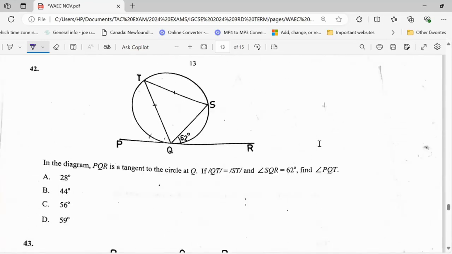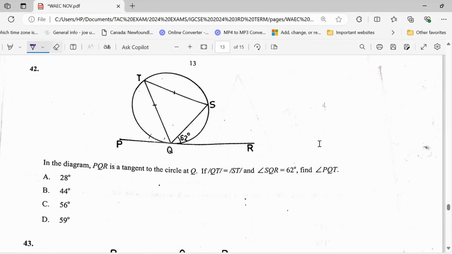Here, question 42, we are told that in the diagram, PQR is a tangent to the circle at Q. If the side QT is equal to the side ST, and we can see those two sides are marked, and angle SQR is given as 62 degrees, we are required to find angle PQT.